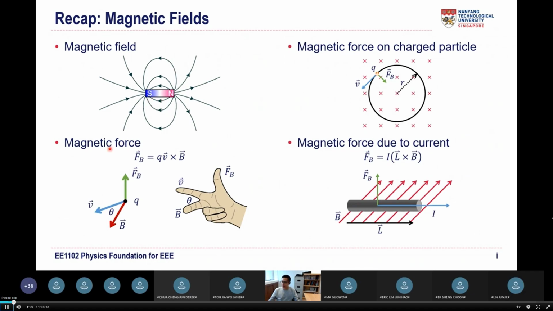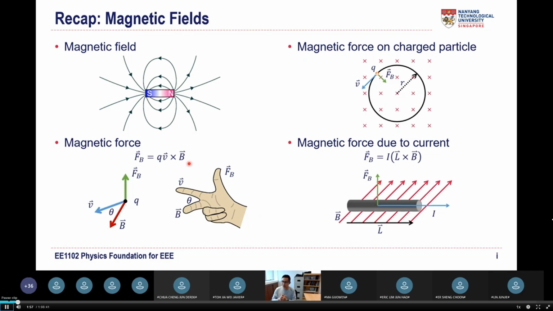When you have a moving charge inside a magnetic field, then it can create a so-called magnetic force, and it is given by Q, the charge, V, the speed of the charge moving, and B, the magnetic field.